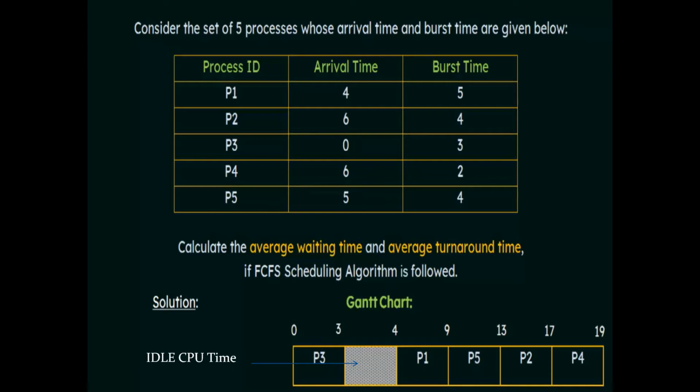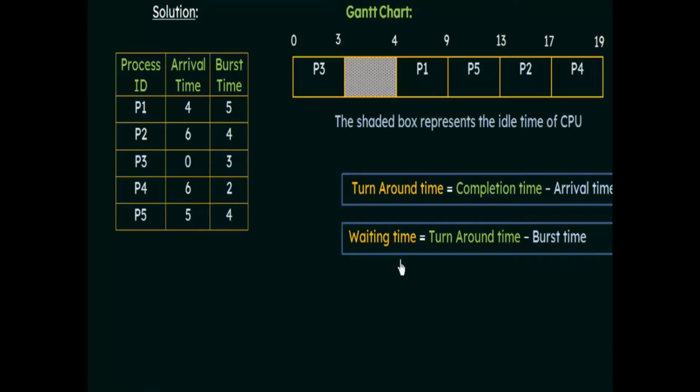Now we need to calculate the average waiting time and the average turnaround time. The formula for turnaround time is completion time minus arrival time. And the formula for waiting time is turnaround time minus burst time.